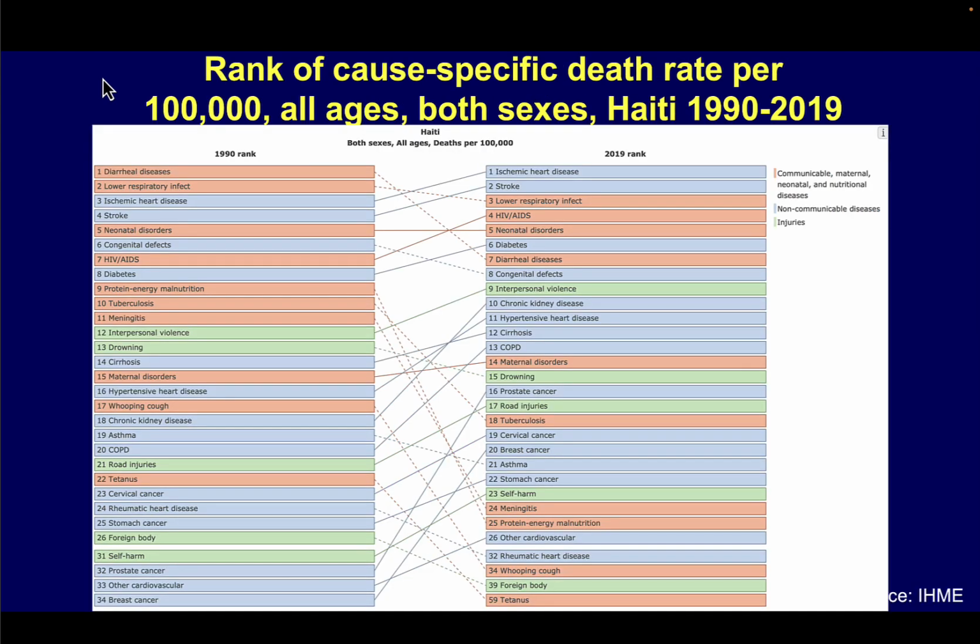The Global Burden of Disease Project does in fact report cause-specific mortality data from Haiti, so you might wonder where this cause of death information comes from, given that there's very incomplete death registration happening in Haiti. In fact, there was one verbal autopsy study in Haiti during this time period, and it really isn't enough to generate useful information on causes of death at the country level, especially over time.